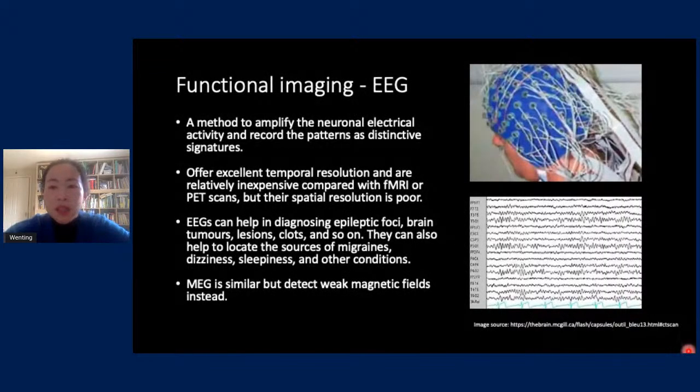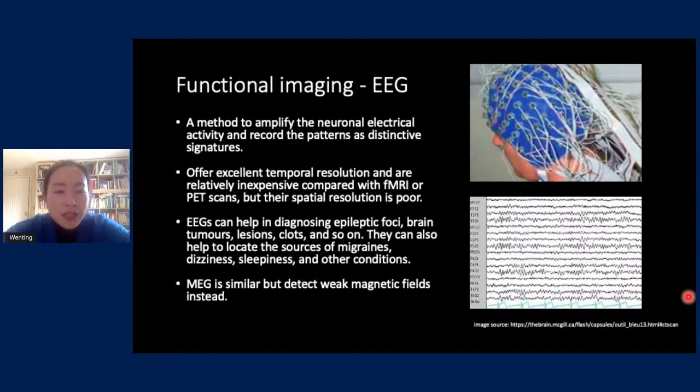Now let's look at functional imaging. Probably one of the most commonly used ones is EEG, electroencephalography. Sorry, the abbreviation is EEG. It's better to use this term probably. It is a method to amplify the neuronal electrical activities and record the patterns as distinctive signatures.